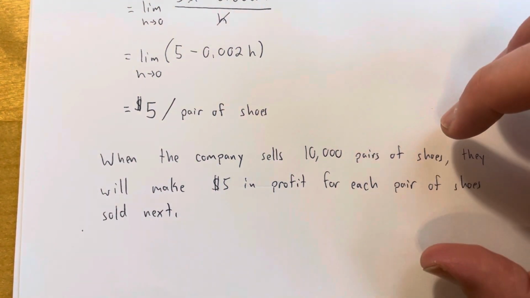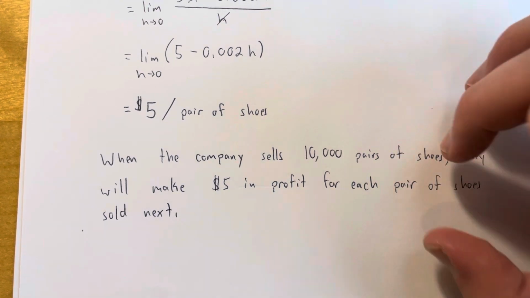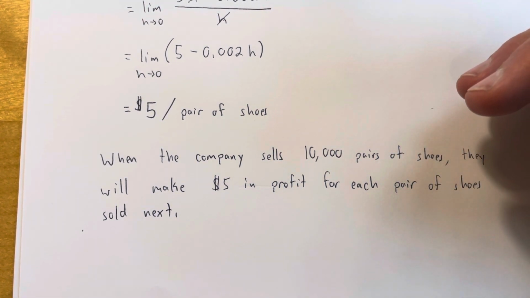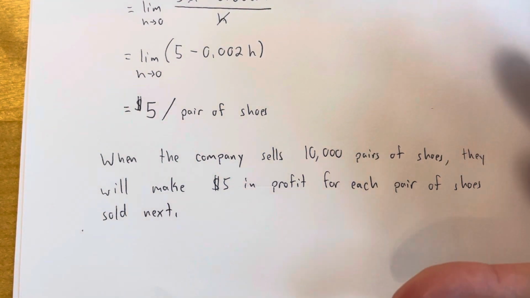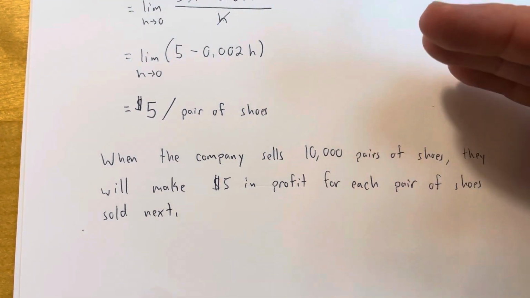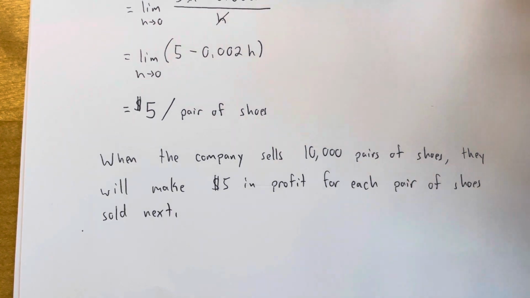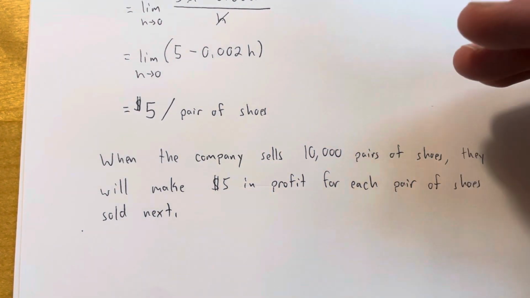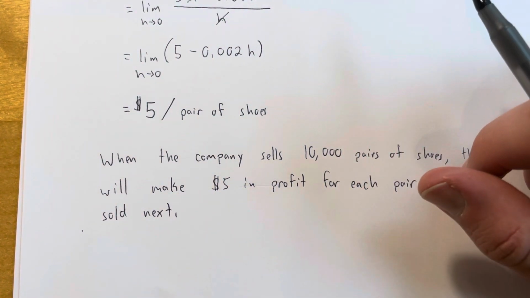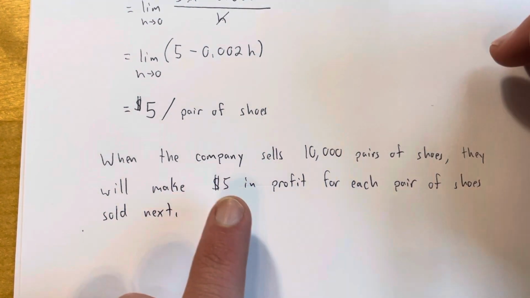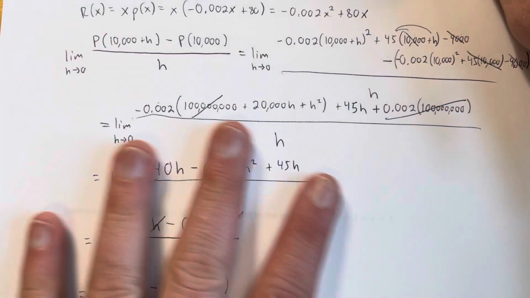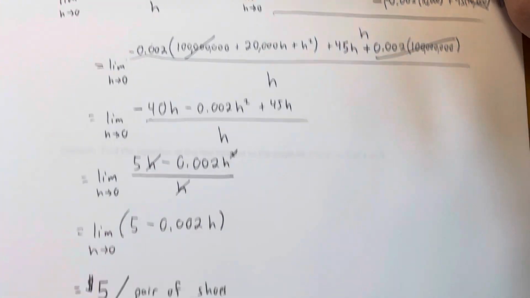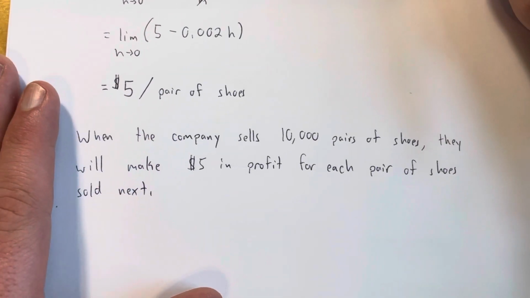Now, there is a caveat to this, because it says in my explanation that we're going to earn $5 in profit for each pair of shoes sold next. That's not entirely true, because if I keep selling more and more and more shoes, then X is increasing. So now if I sell 20,000 shoes, I've sold an additional 10,000 after this point in time. Remember, that 10,000 that we used in the first place was part of this derivation here. So if I get up to 20,000, that rate of profit is going to change as well.